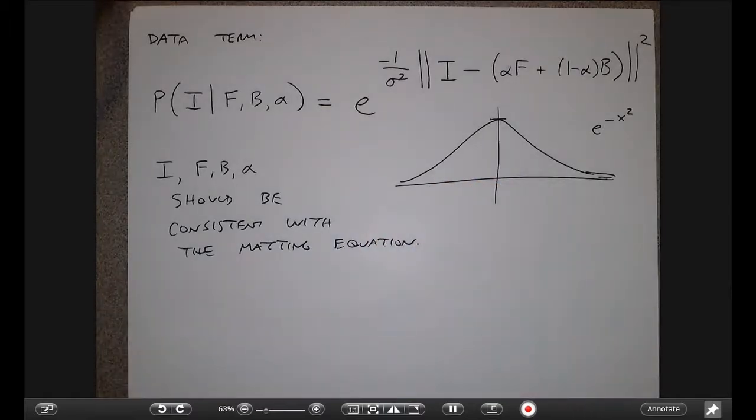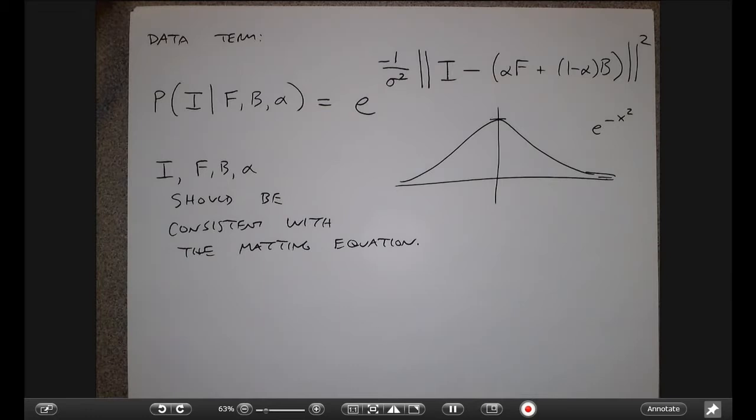And the sigma inside the exponent is just something that helps me tune how strict I am about this requirement, right? So if I make sigma small, that means the Gaussian is narrower. If I make sigma big, that means the Gaussian is wider, right?